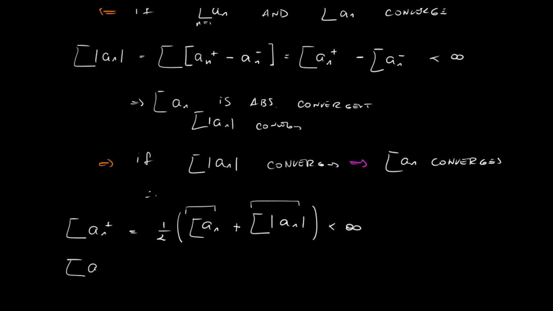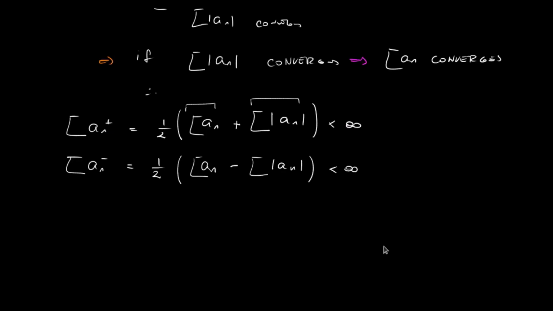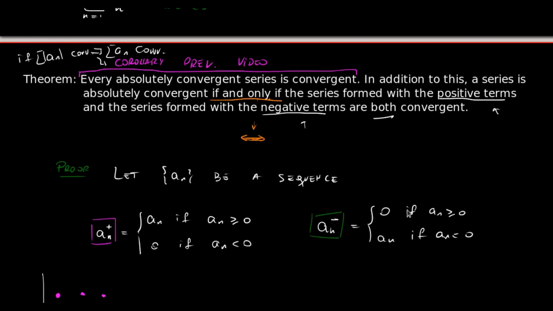And the same with the one in the negatives. It is 1/2 the sum of a sub n minus the one with the absolute values. And again, this has to be smaller than infinity. So then the sum with the positives and the sum with the negatives both converge. And that is what we were trying to prove with this theorem.